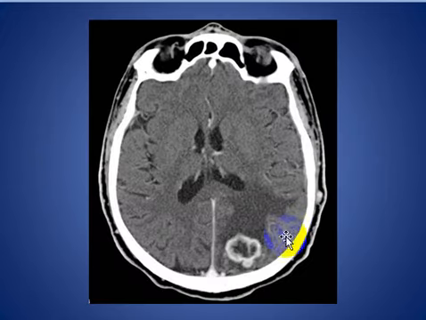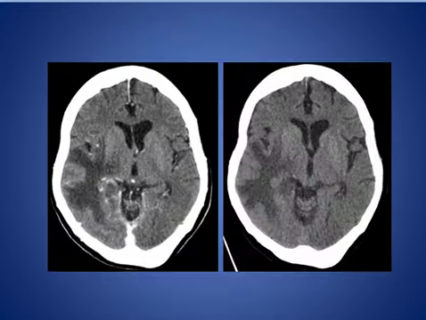Here is a patient with vasogenic edema, and we see an abscess here in the occipital region, and this is the edema. As we see, it is a finger-like projection involving the white matter and sparing the gray matter.